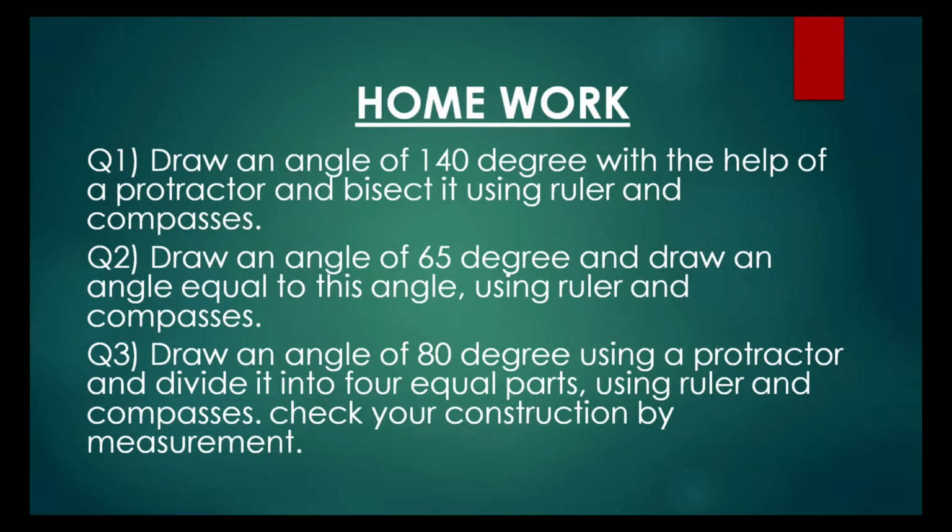Draw an angle of 65 degrees and draw an angle equal to this angle, that means a copy of the angle, using ruler and compasses. Question number 3. Draw an angle of 80 degrees using a protractor and divide it into 4 equal parts using ruler and compasses. Check your construction by measurement.